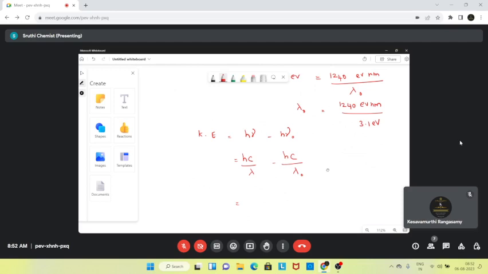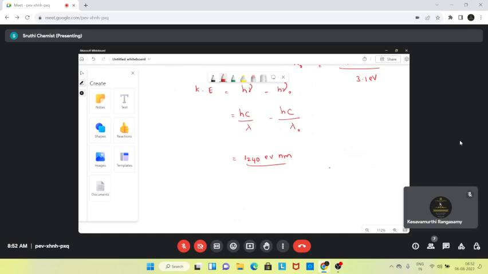Is there any doubt, students? Because hc is how much? It is 1240 electron volt nanometer. What is your lambda given? The lambda is 300 nanometer in the question, right? In the 300 nanometer, minus what is your hc? Again 1240 electron volt nanometer divided by lambda naught.